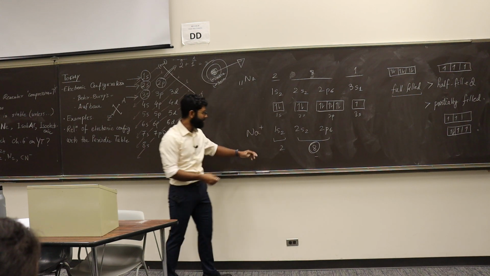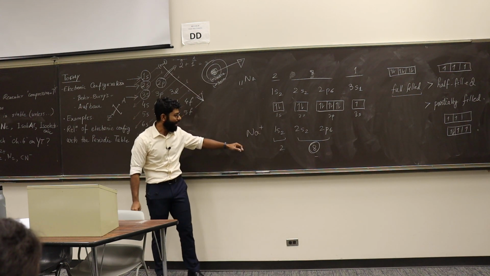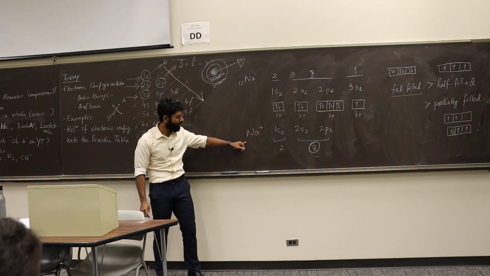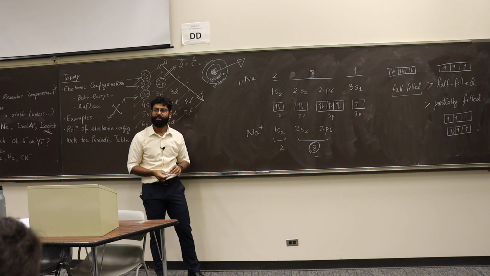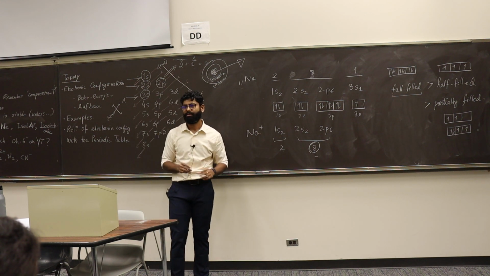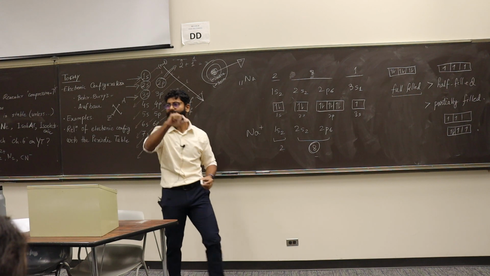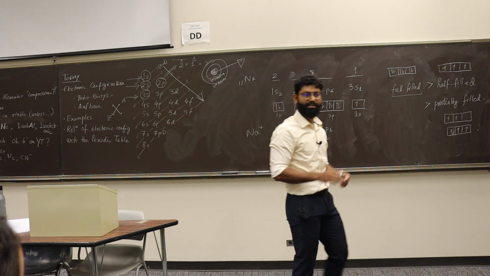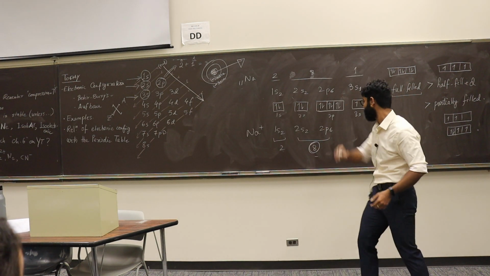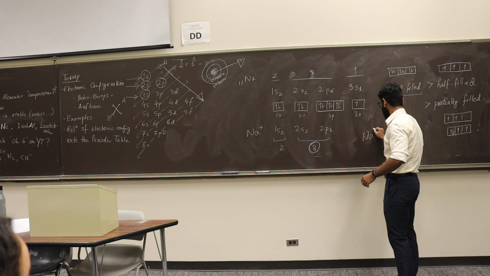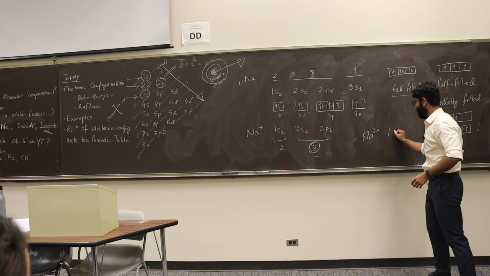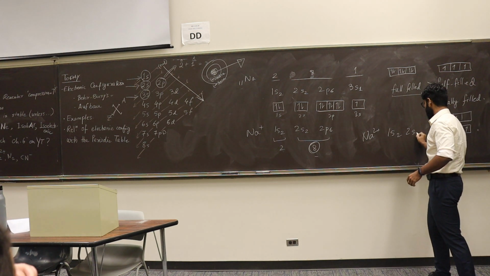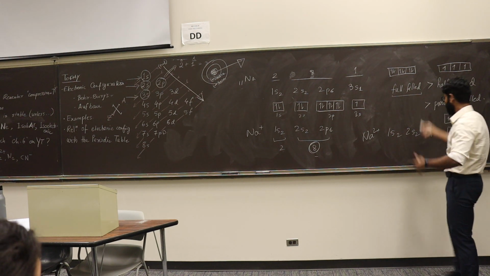Okay, let's finish this. Can you tell me why Na plus was stable? So why do you have Na plus? Is it stable? Can I have Na2 plus? I'll write Na2 plus. Nothing can stop me. 2p5.